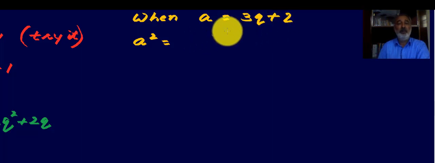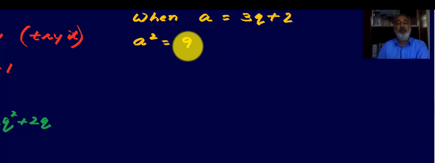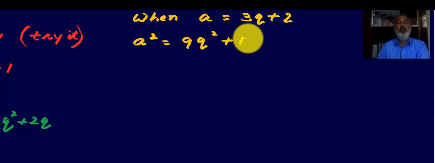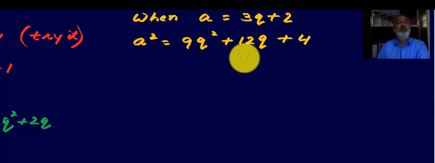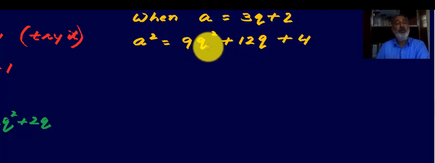If yes, then I am writing down the value of this number: 9q square plus 12q plus 4. Can you find some multiple of 3 here? Obviously, these two numbers have 3 as a factor. But it seems 4 is not divisible by 3.